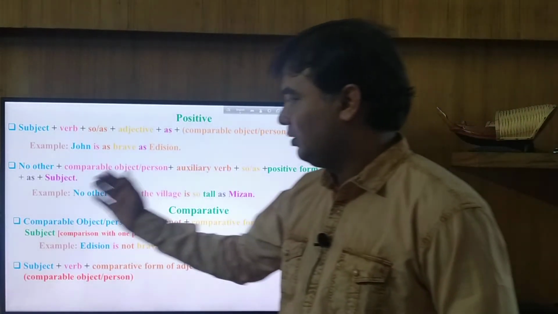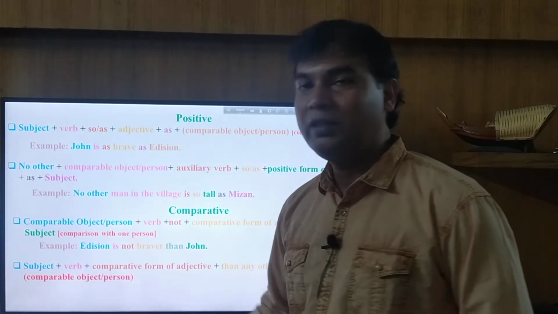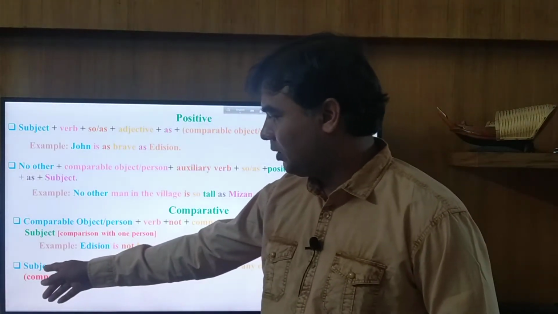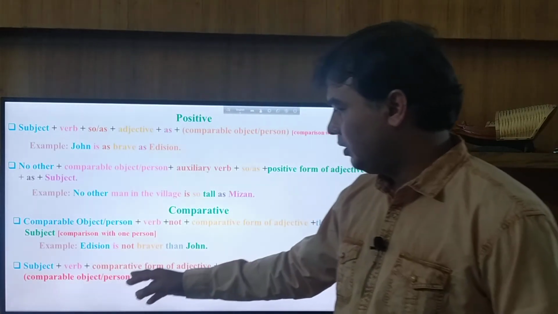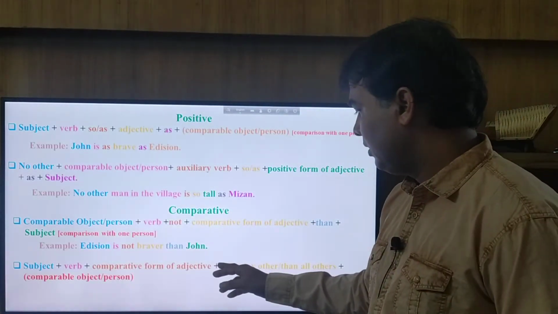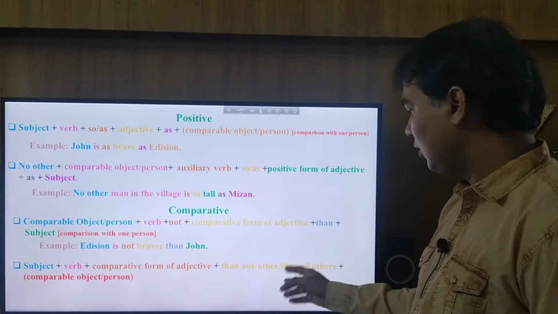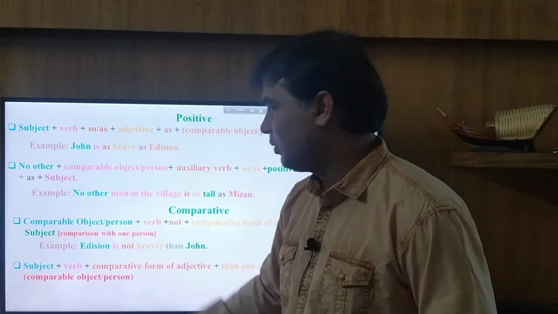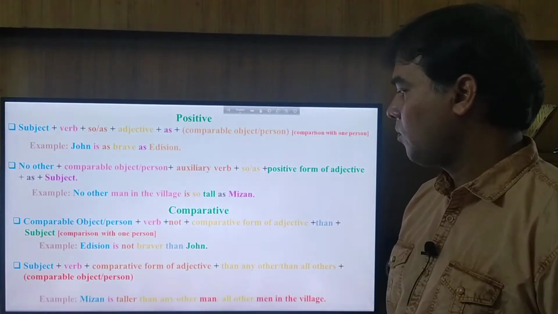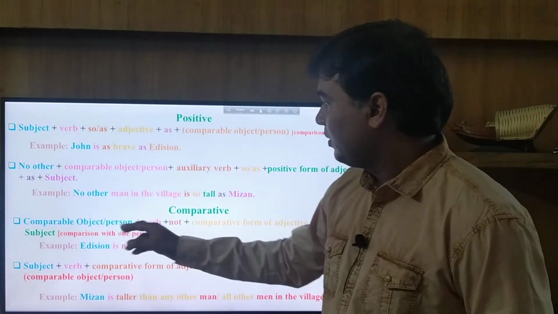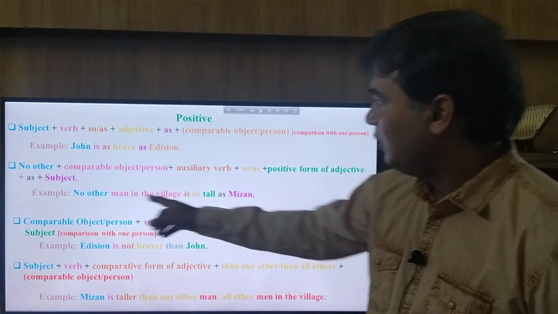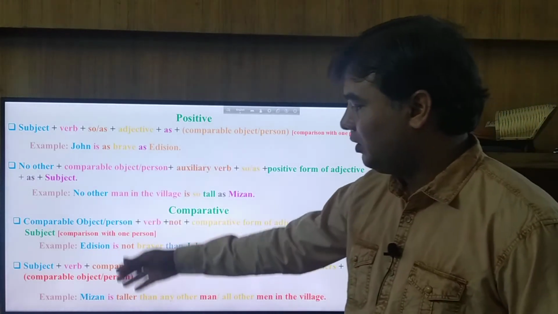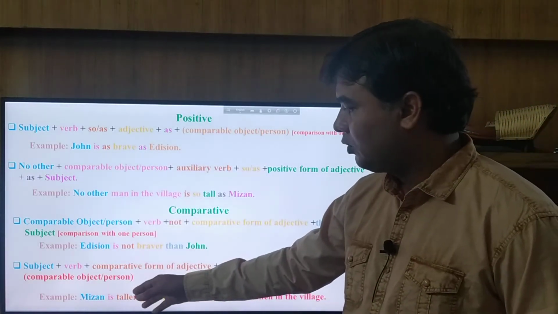Now if the comparison is with more than one person or object, then the structure would be subject, then verb, then comparative form of adjective, then "than any other" or "than all other", then comparable object or person. You see the example: no other man in the village is so tall as Mizan. Now, I am going to convert it into comparative form.